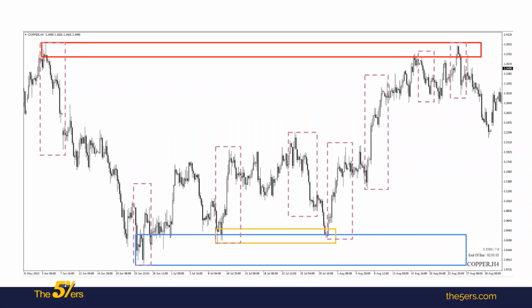Fresh supply or fresh demand is a zone that was created and not yet tested. So at this point, this supply was not yet tested and it reacted once, twice, three times.